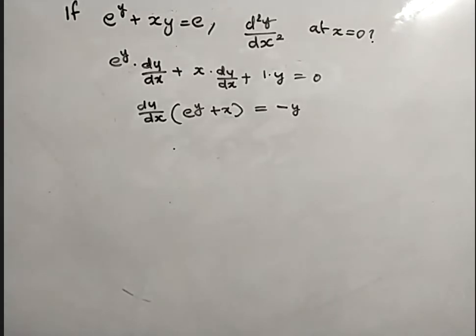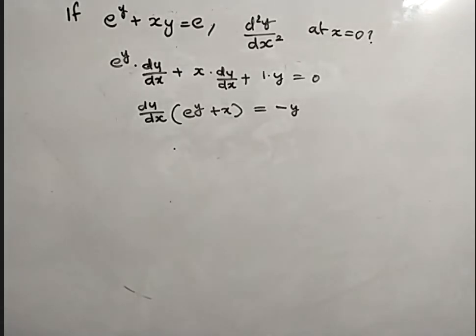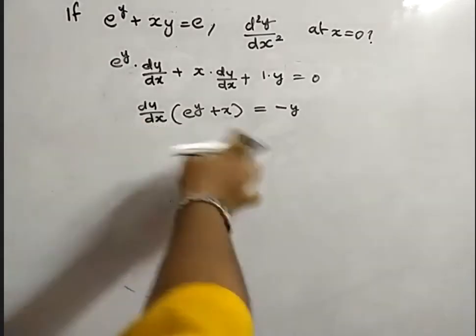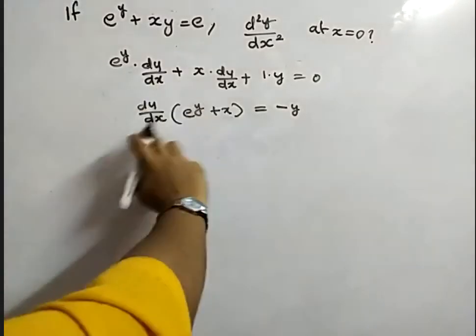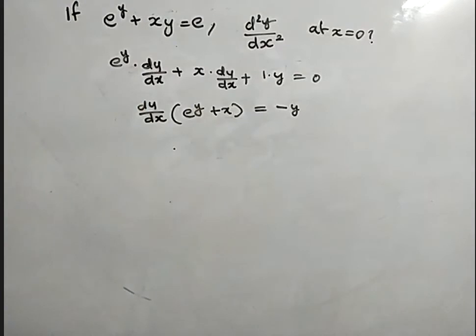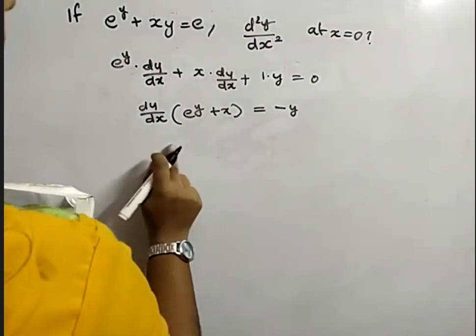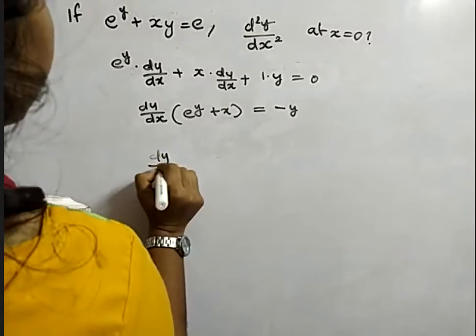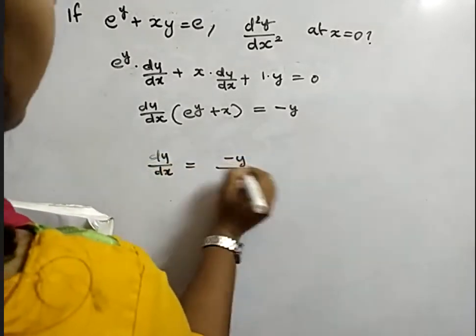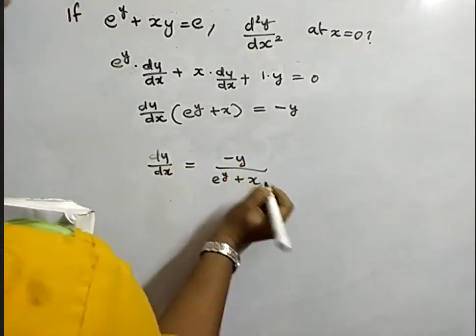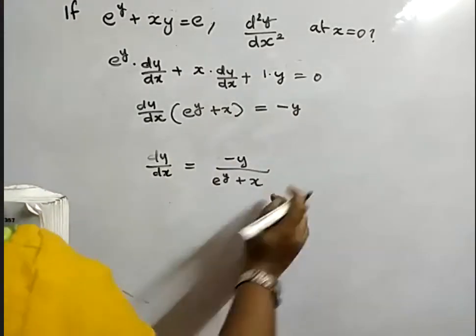Before that, you take d square y by dx square from here. dy by dx is equal to minus y by e raised to y plus x.